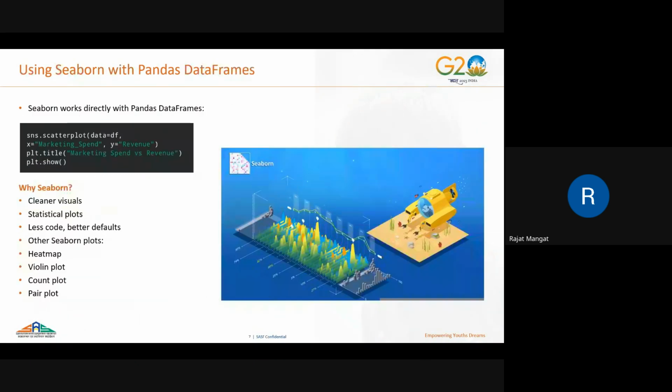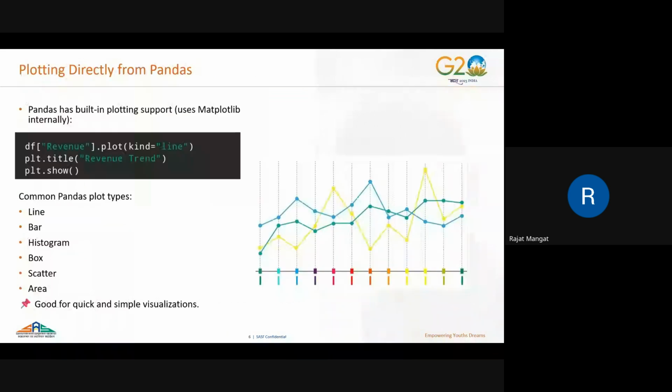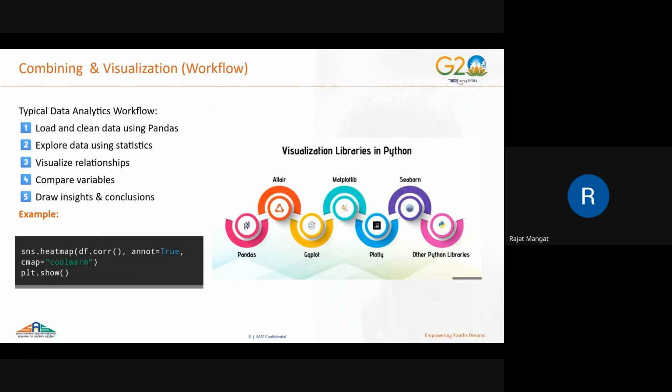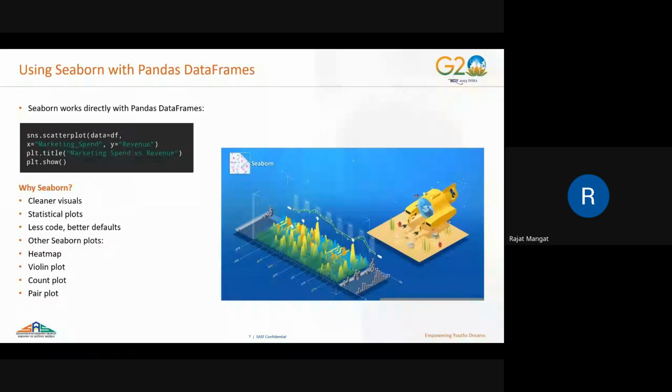So now we will be seeing using Seaborn with a pandas data frame. Now we were using Matplotlib, and now we will see how to work with Seaborn. Before moving to that, we can do one more thing.